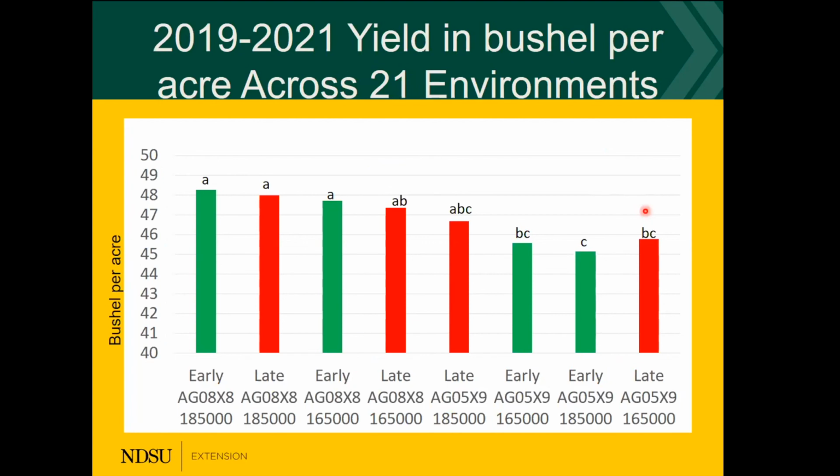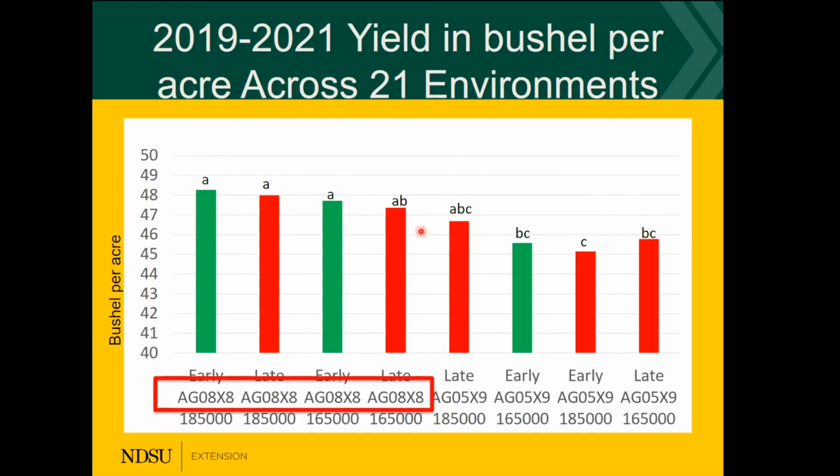So here I put everything together from the 21 environments. It is a little bit of a busy slide, so I'm going to break it down for you. The bushels per acre are indicated again to the left. First of all, I want to show you that the 4 bars on the left part of the graph are the late maturing.